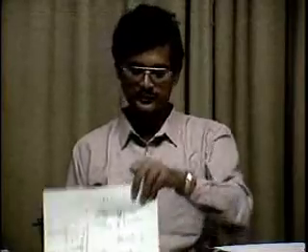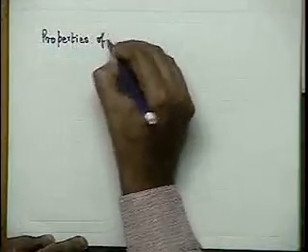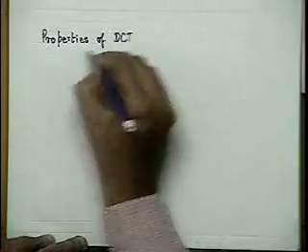So what do you find? You simply find that the elements are all real elements. So I can quickly write down the properties of this, the properties that I find from the definition itself, properties of DCT.